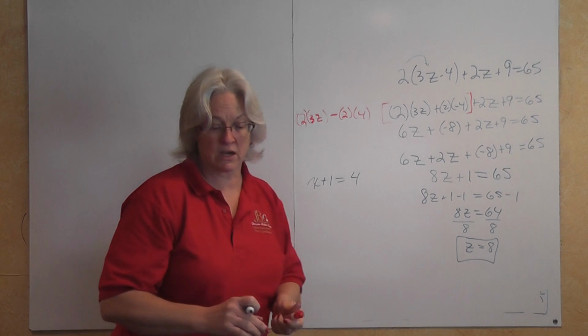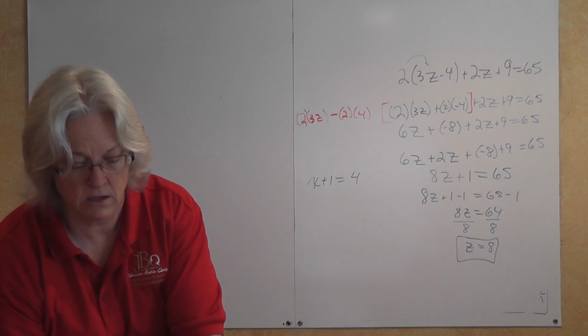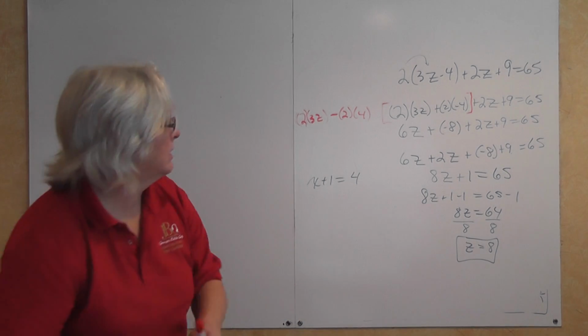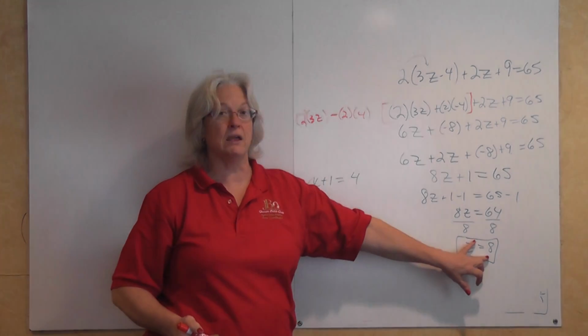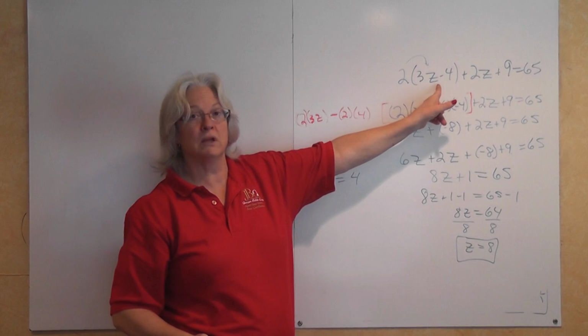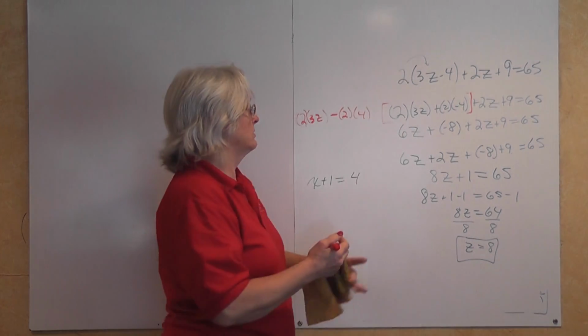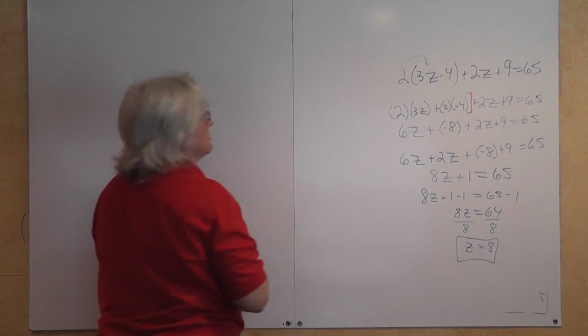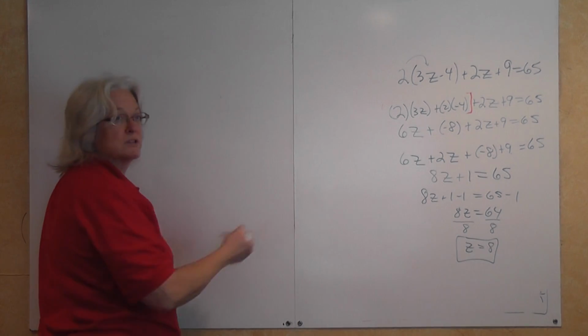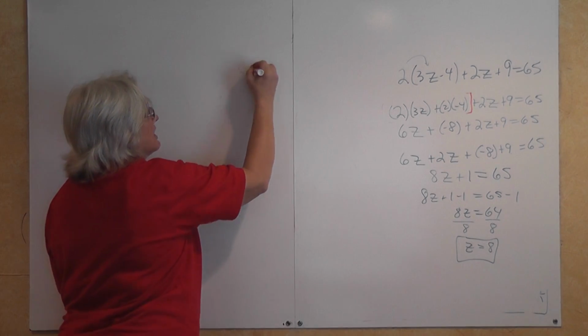Now we need to check this. How do we check? You take this value here of 8, substitute in to the original equation. Make sure I stay in the picture. Here's my check.